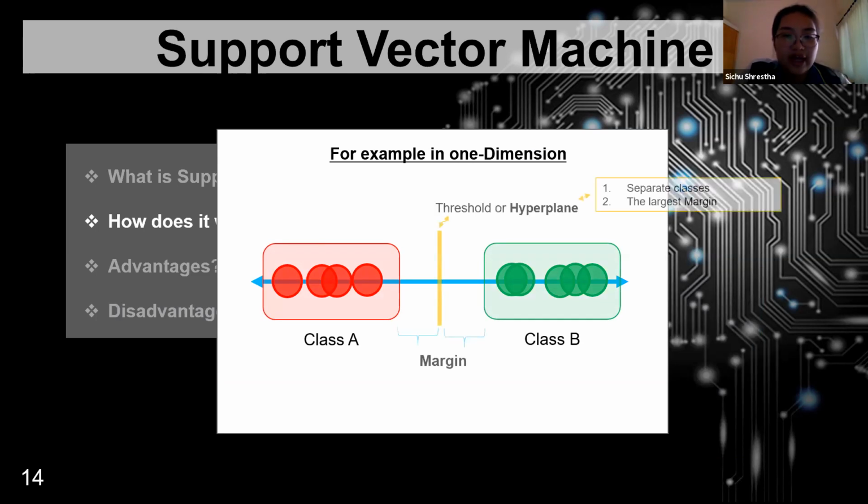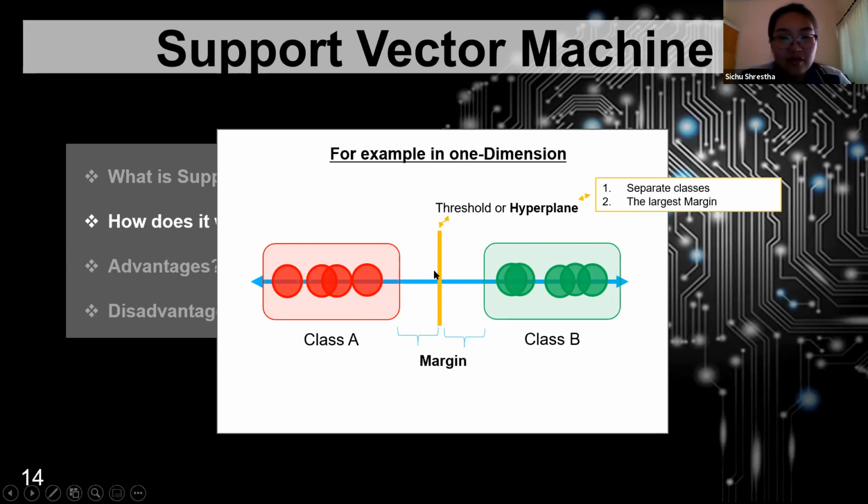And why can we separate the classes? Because we can draw the hyperplane by using the nearest red sample and the nearest green sample, and calculating the average to draw the hyperplane. This is one dimension to make it easy to understand.